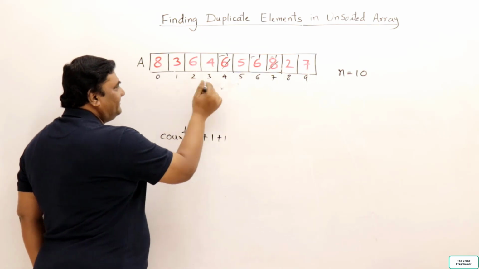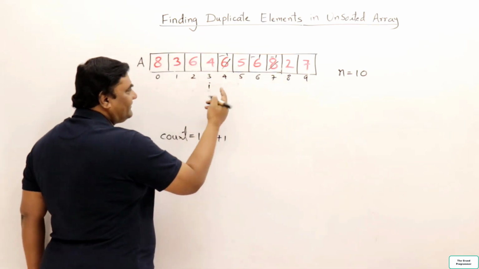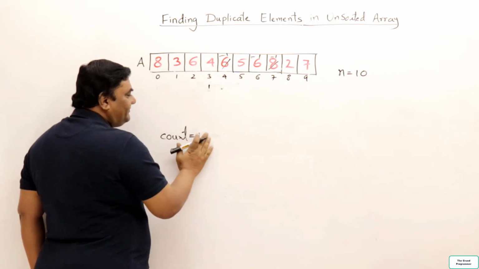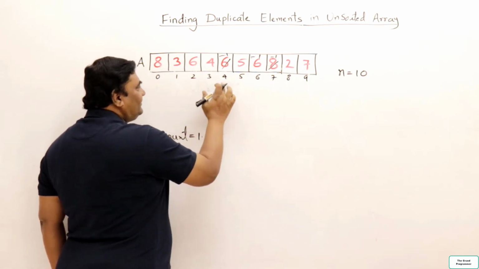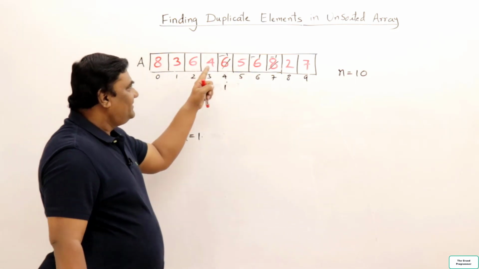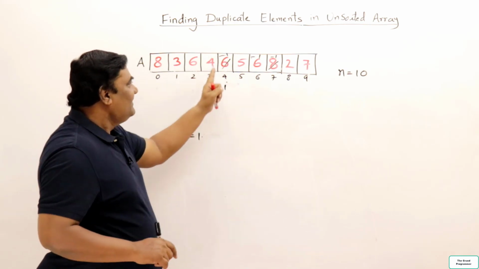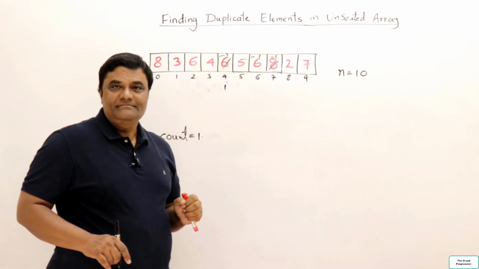Next, let us go to the next element. For 4, if I look in the rest of the array, there is no other 4. So count remains 1 for 4. Now take the next element. Now the point is, shall I take this element or not? If I take this element, then again I will get the result that 6 is appearing 2 times.